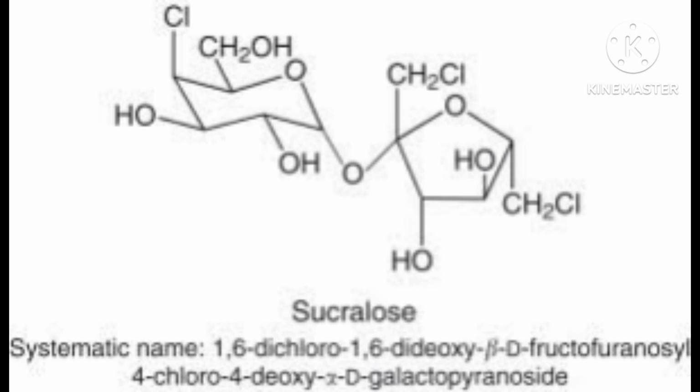And one more I want to tell you, that is alitame. Always remember, it is 2000 times sweeter than sucrose. One spoon of alitame is equal to 2000 spoons of sucrose.